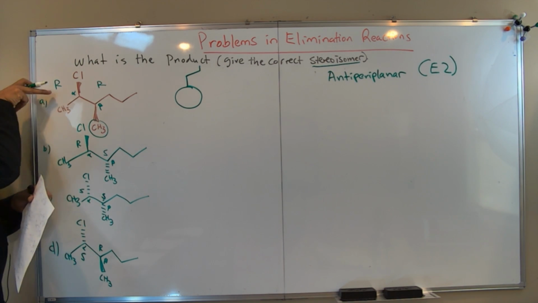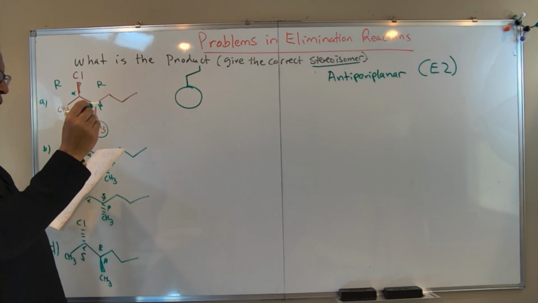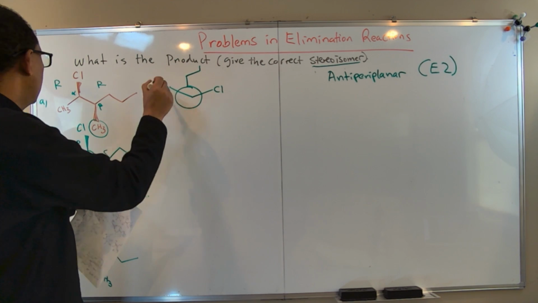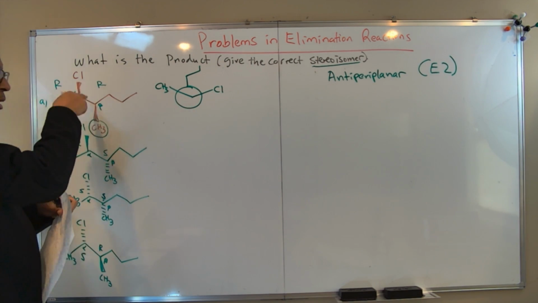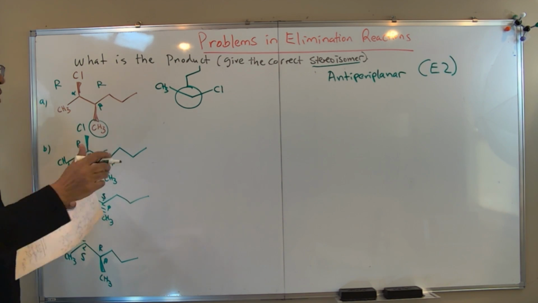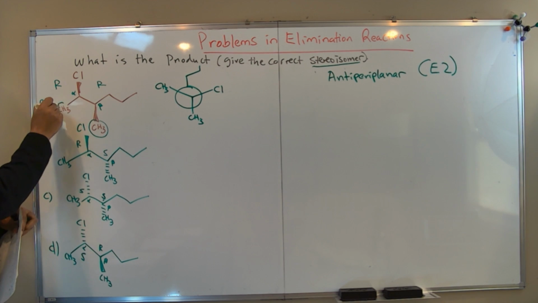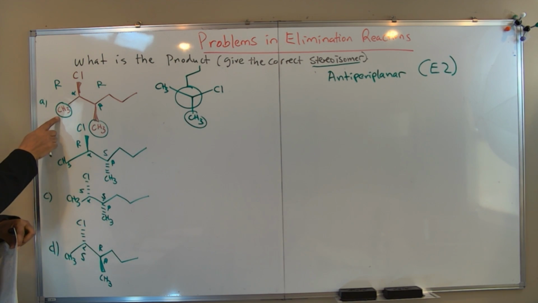I'm looking from this front carbon. So the front carbon would have chlorine here, CH3 there, and down there would be the CH3, which is this one. So this is the circled one, that CH3.